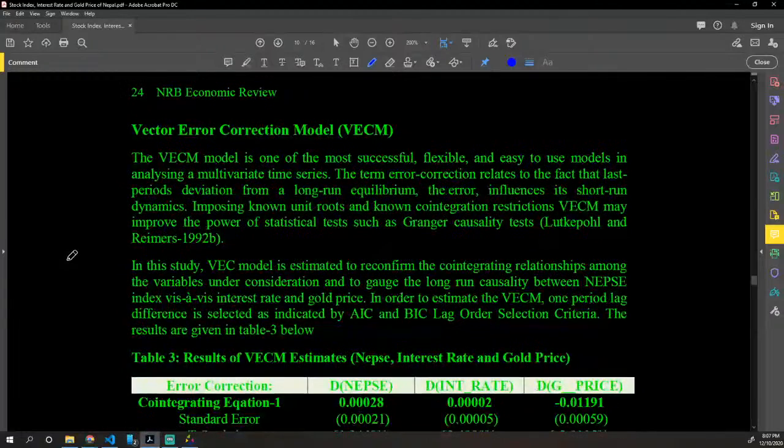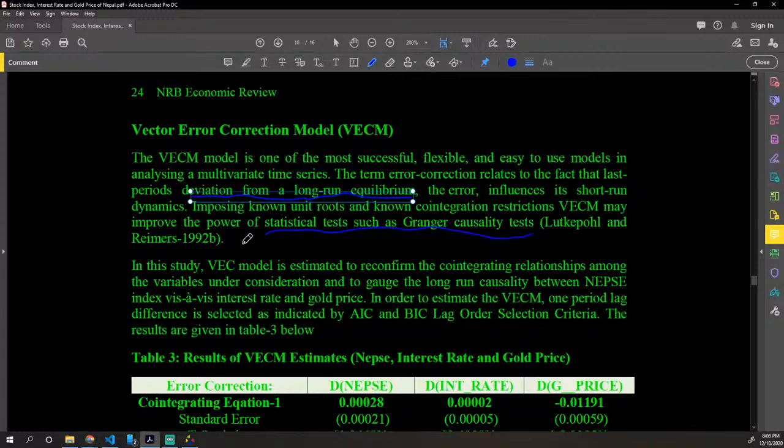The vector error correction model, VECM, is one of the most successful, flexible, easy to use models for analyzing multivariate time series. The error correction relates to the fact that long periods of deviation from long-run equilibrium influence its short-term dynamics, imposing known unit root and co-integration restrictions. VECM may improve the power of statistical tests such as the Granger causality test.